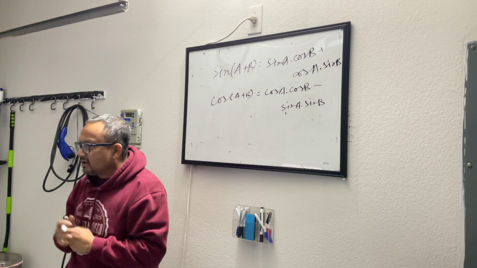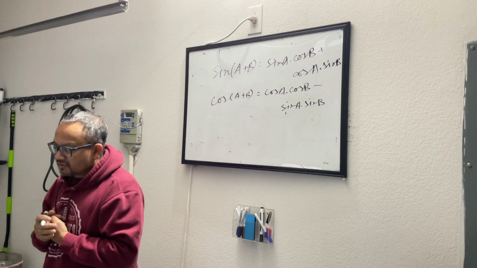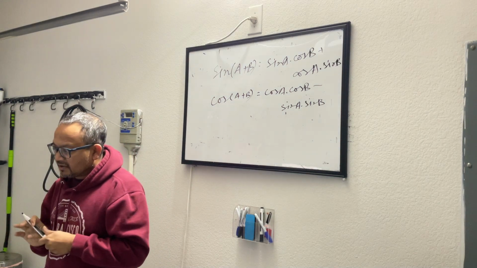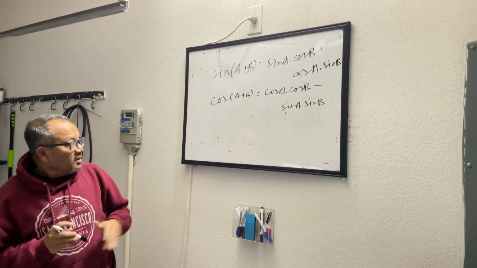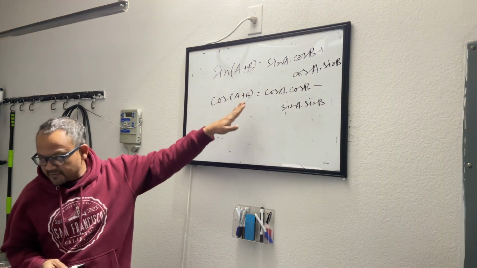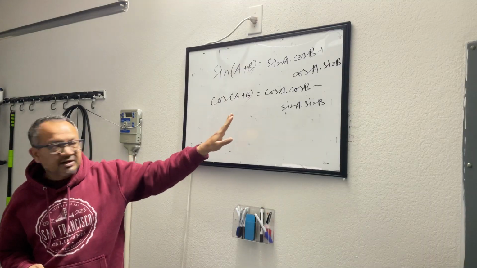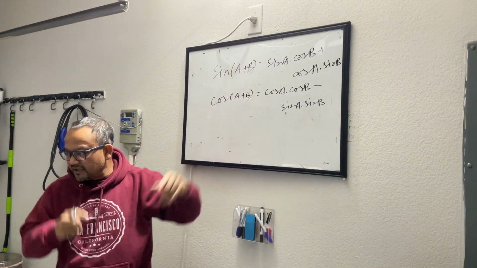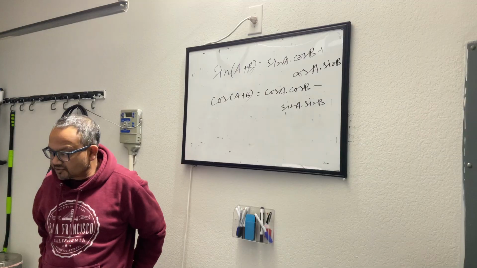And then we learned about the law of sines and cosines. Again, we can find cos of a minus b by replacing b with minus b and then seeing in the unit circle how that comes into play.